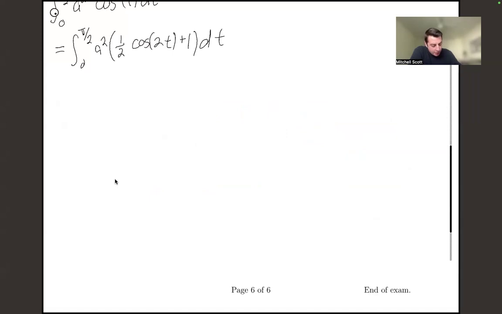And now we have a sum of two integrals. So what we are going to do is just find the antiderivative, right? So I'm going to pull out this a squared over 2, and then we have cosine of 2t, excuse me.